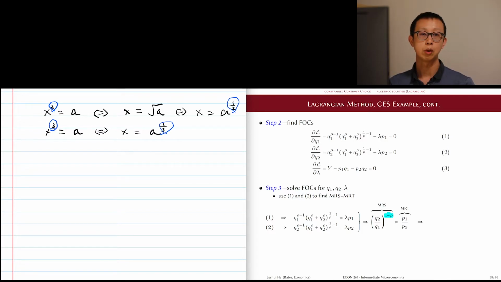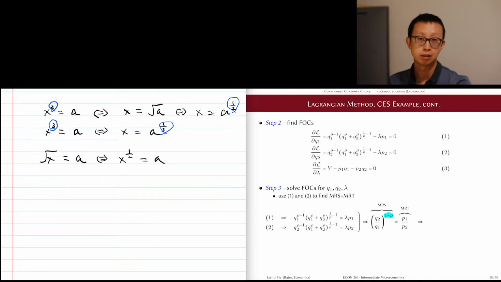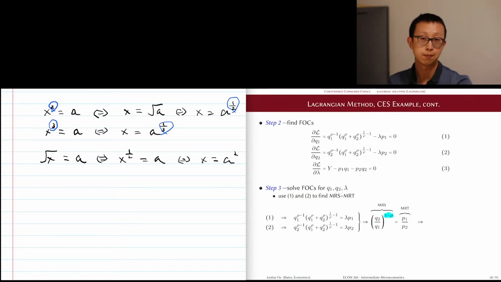If we have the square root of x that is equal to a constant a, this equation is equivalent to x to the power of 1/2 is equal to a, and we know that this equation is equivalent to x is equal to a squared.